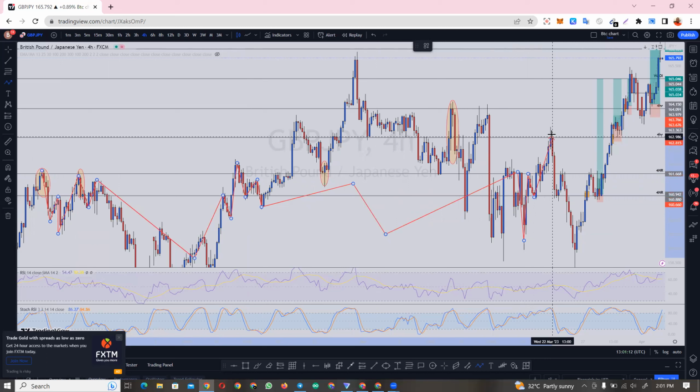Remember what I explained before about the activities of buyers and sellers. Here they sold, here they sold, and here they bought. As the market came down again, they bought again, and as it came down and up, they bought again.